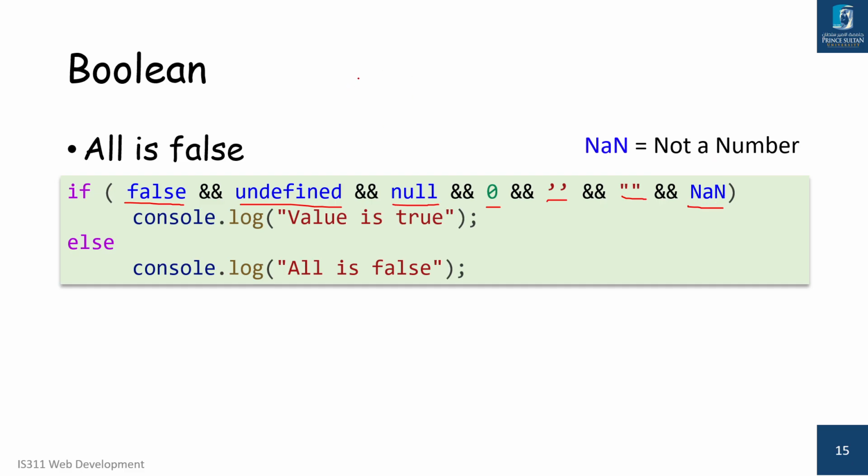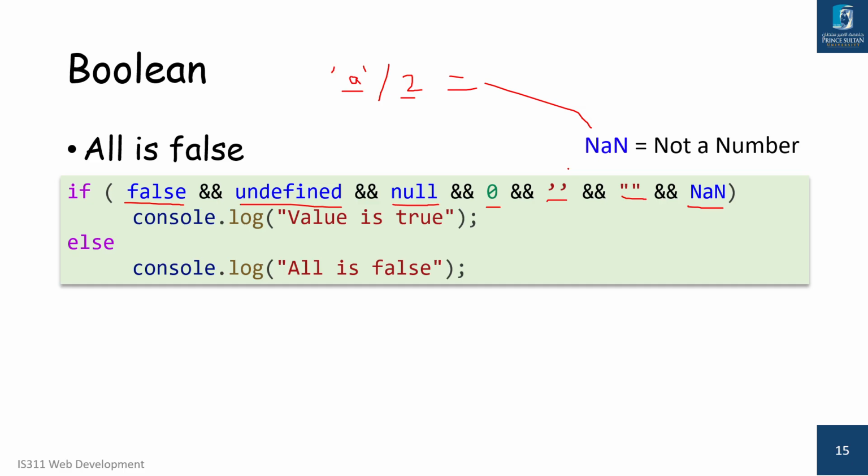Okay, NaN is not a number. For example, if you divide a string by the number 2, this is a string and this is a number, and we cannot divide a string by a number. The answer will be NaN. So if we try to do some calculation where one operand is not a number, the result will be NaN, and that will also be considered a false value.